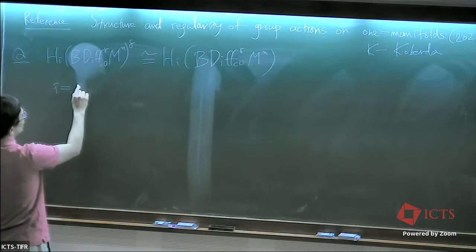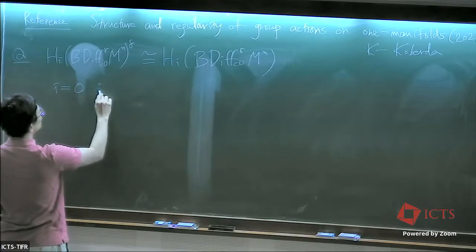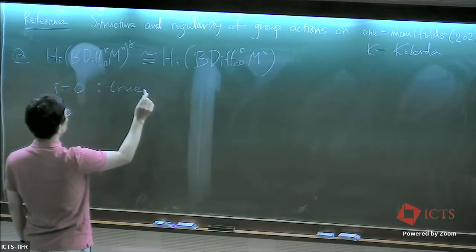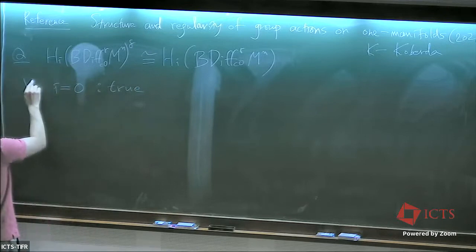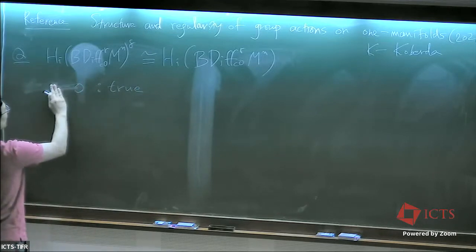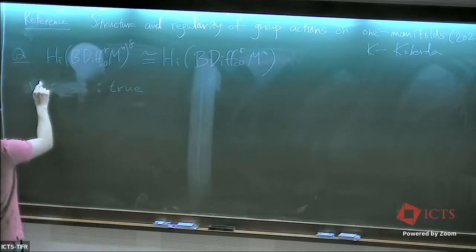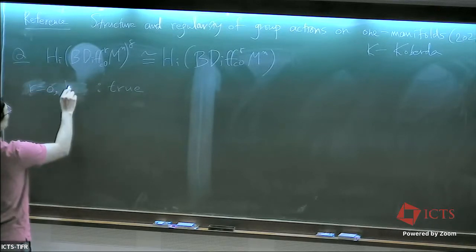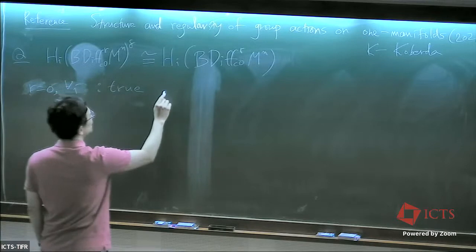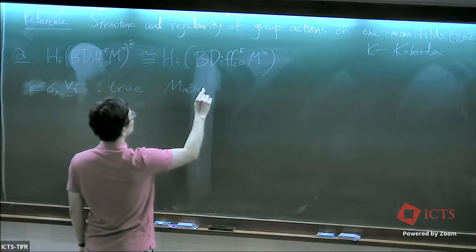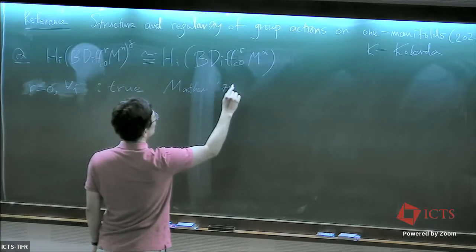So I call it 0, this is true for all r. Oh, sorry, right. For r equals 0, so the homeomorphism group, for all i, this is true. This is Mather's theorem, '74.